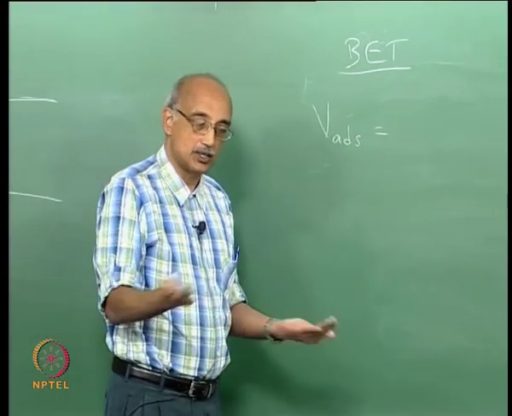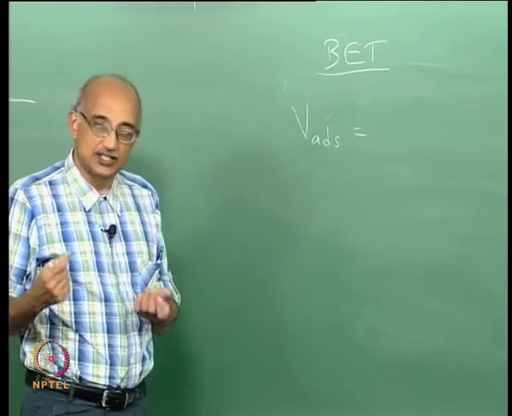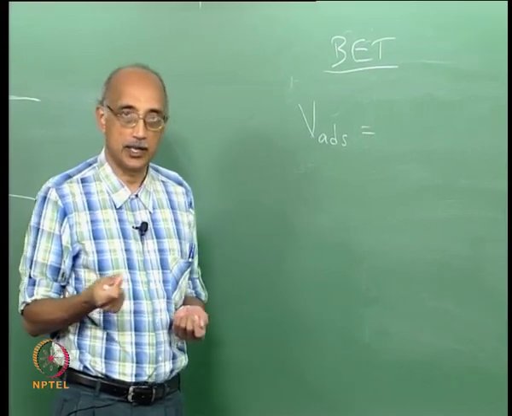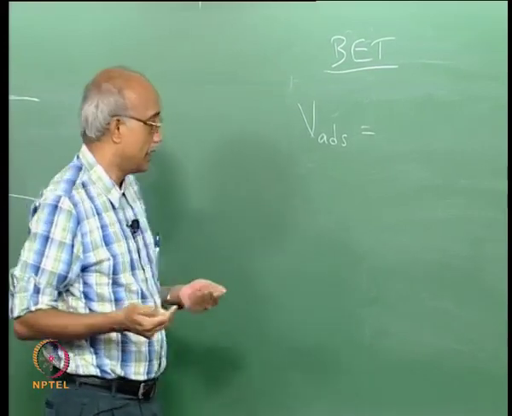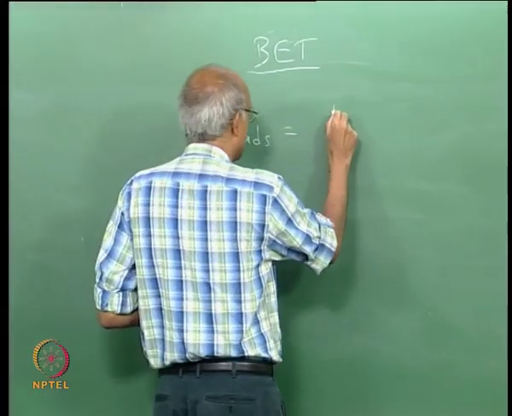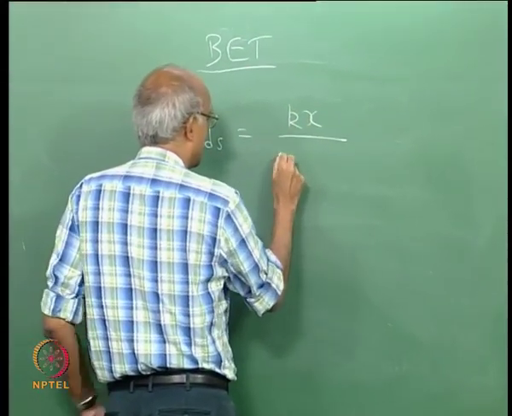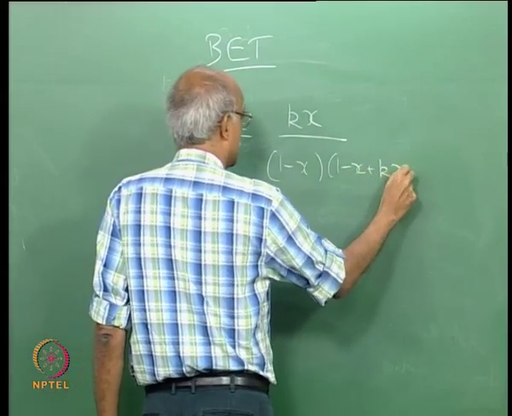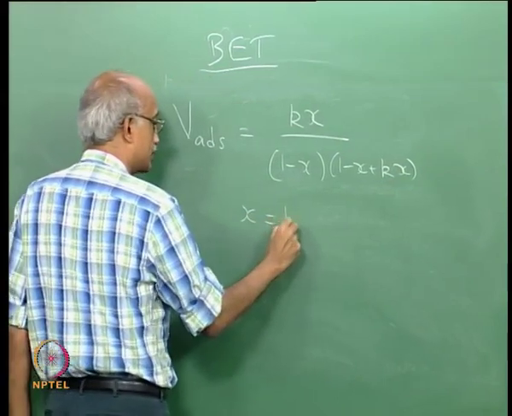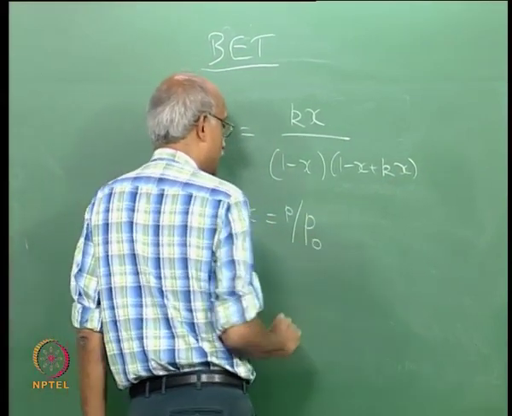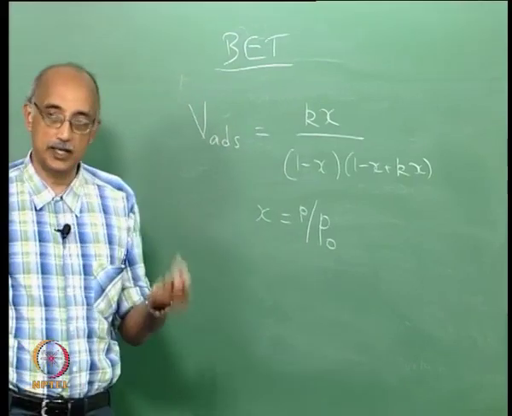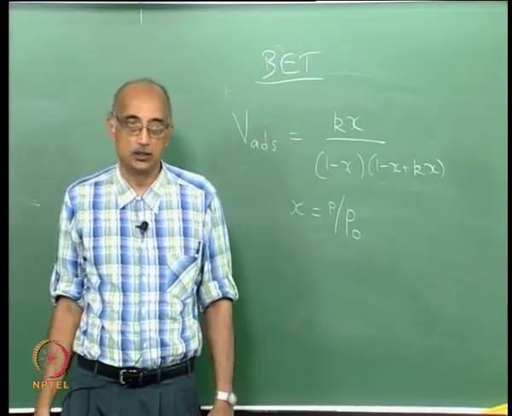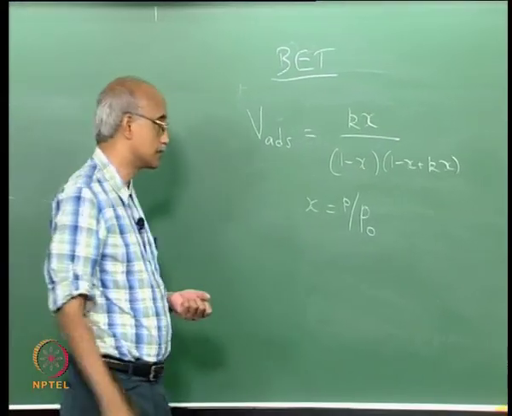Instead of fractional coverage of the surface, which does not make sense when you are considering multilayer adsorption, we use volume of adsorbate as the metric, and this is written as Kx divided by (1 minus x) times (1 minus x plus Kx), where x equals P over P0, where P is the prevailing pressure and P0 is the saturation vapor pressure of the adsorbing species.